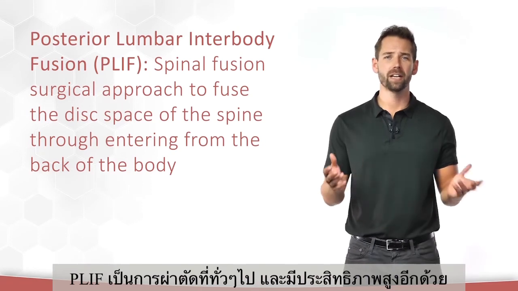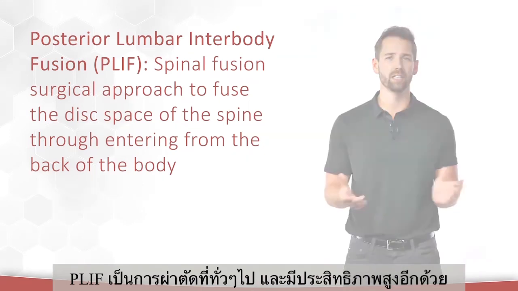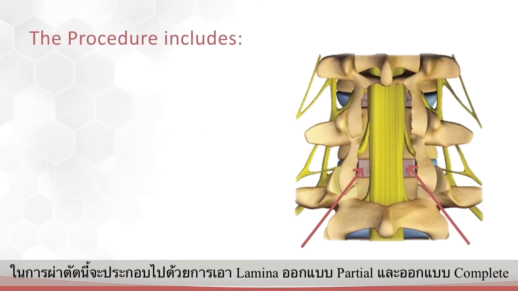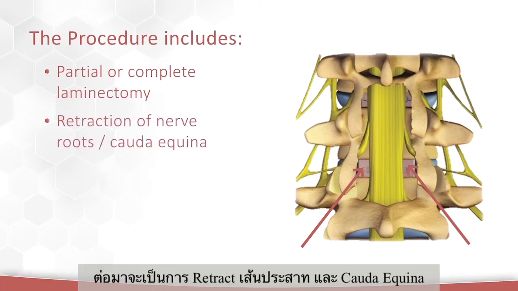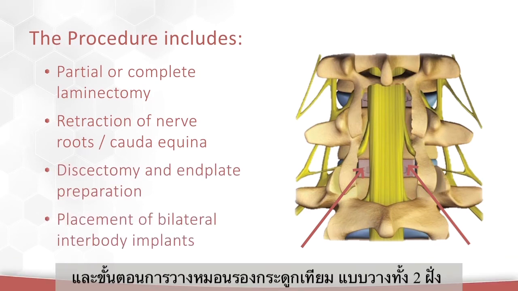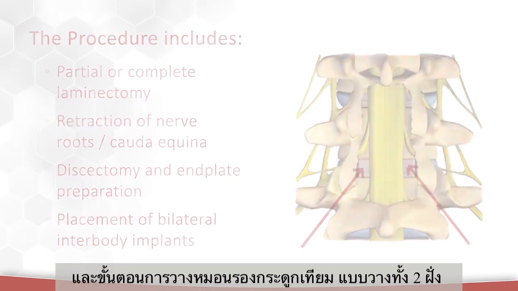PLIF is still a very common procedure and very effective technique, but requires a large exposure and significant bony removal. The procedure includes partial or complete laminectomy, retraction of nerve roots and/or cauda equina, discectomy and end plate preparation, and placement of bilateral interbody implants.